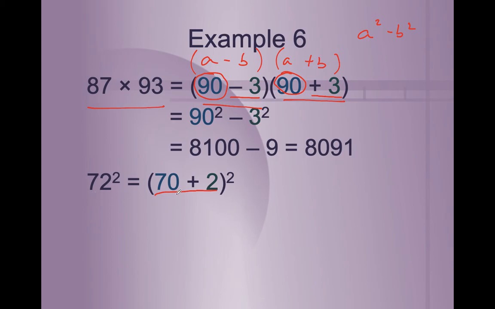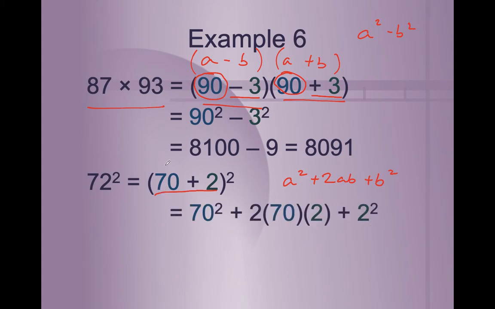72 squared, well, that's the same as 70 plus 2 squared. Correct? 72 is the same as 70 plus 2. Well, that's the sum, the square of a sum. So your final answer is going to look like a squared plus 2ab plus b squared.